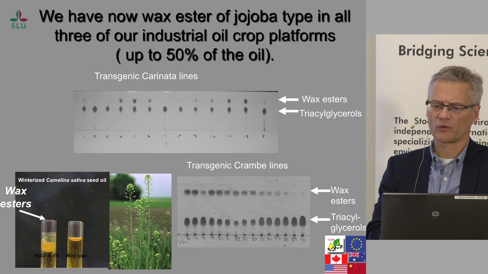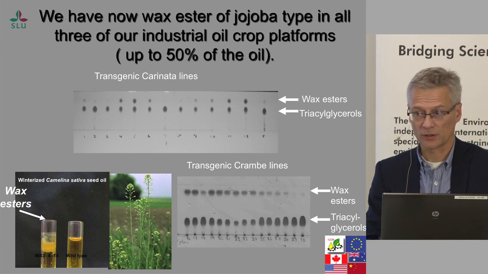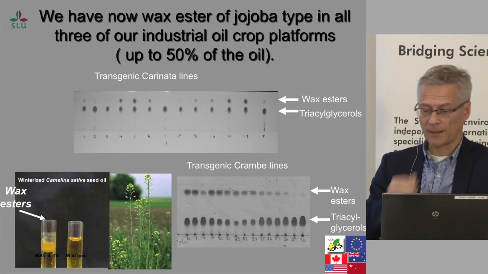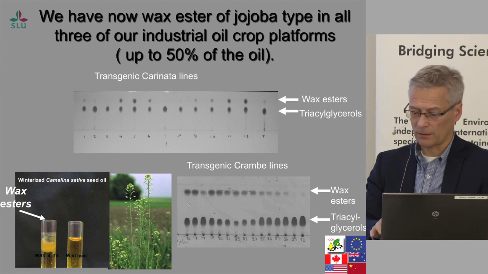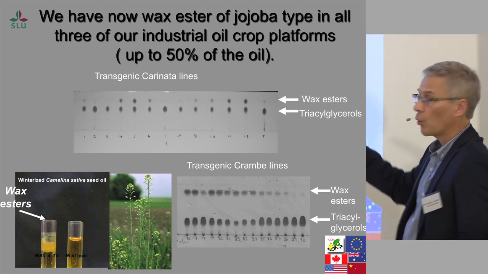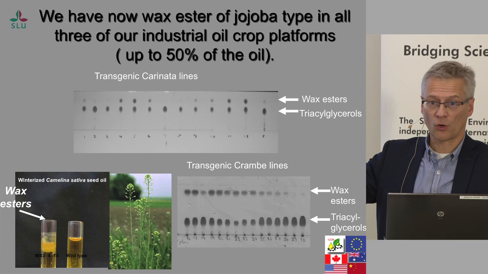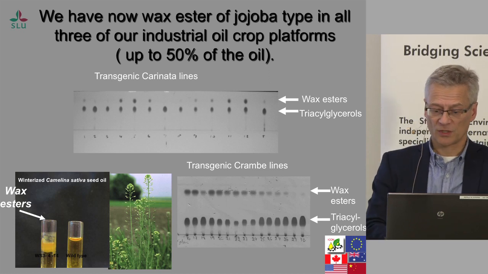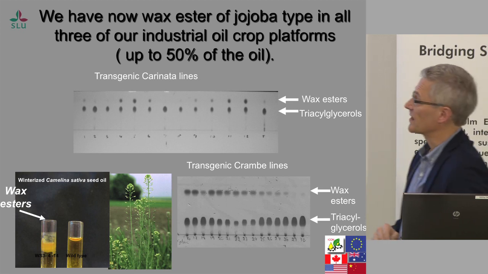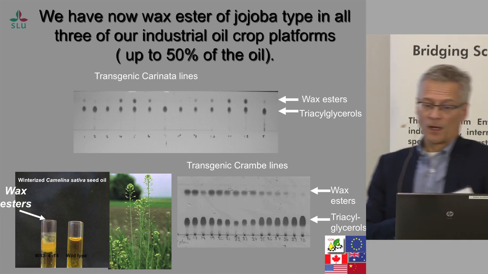These dots over here show that you have wax ester produced, as well as the common oil. From the beginning, in carinata, in all of these 3 crops, they all produce just ordinary oil, which is triacylglycerol, which is this dot here. The transgenic then produce these extra wax esters.